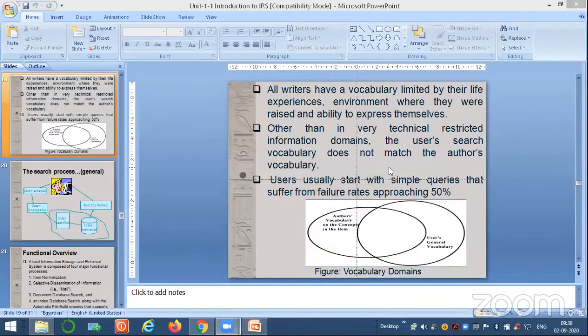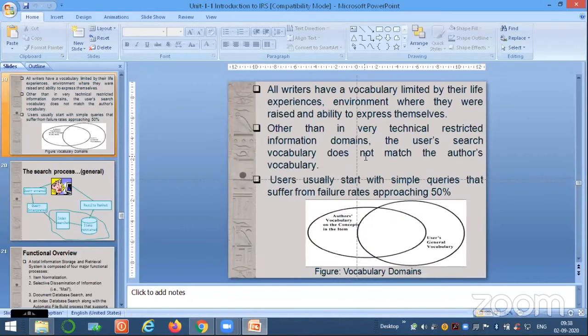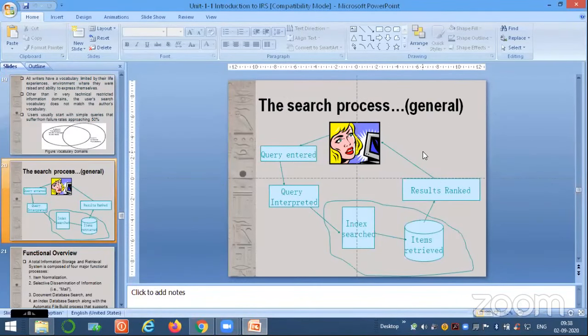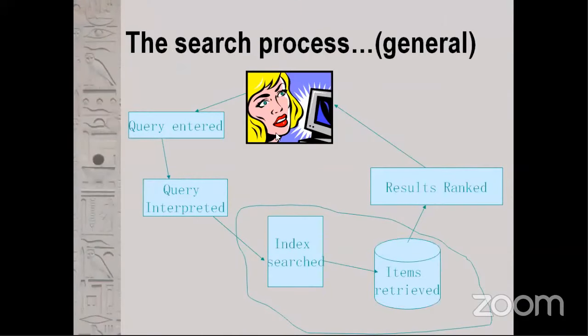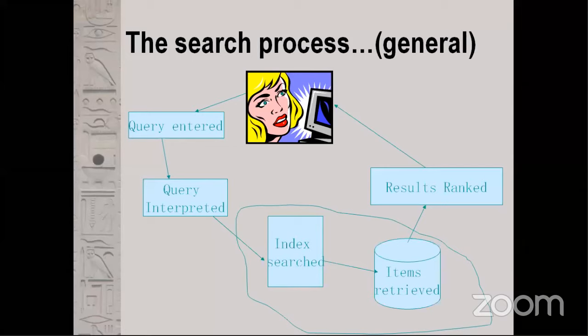Okay, so the basic information retrieval system works based on this particular pictorial representation. Whenever the user enters the query, the query terms may be matched or compared with the index terms that are generated on your document collection.